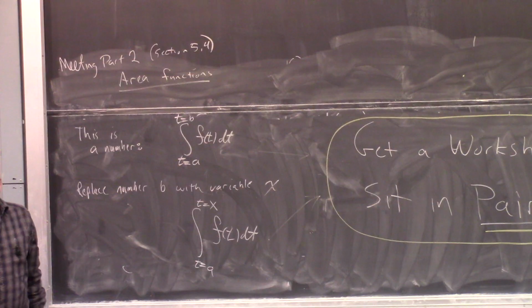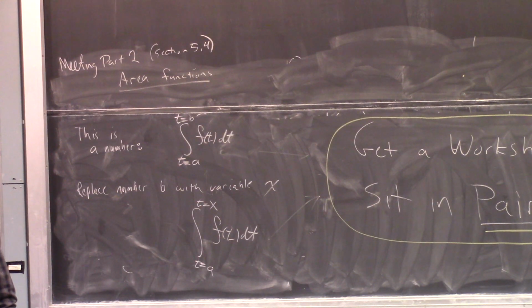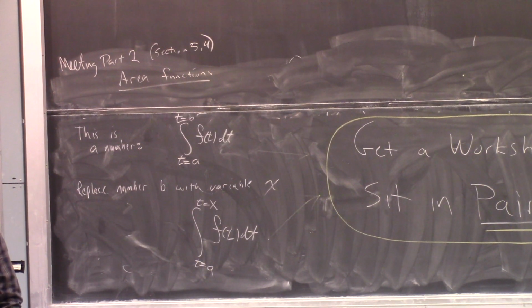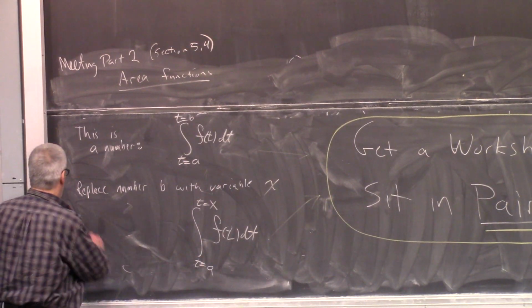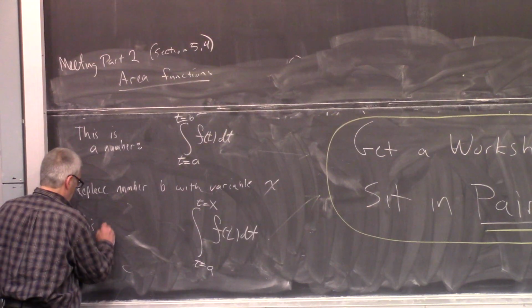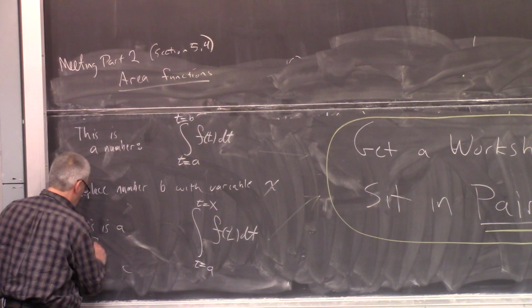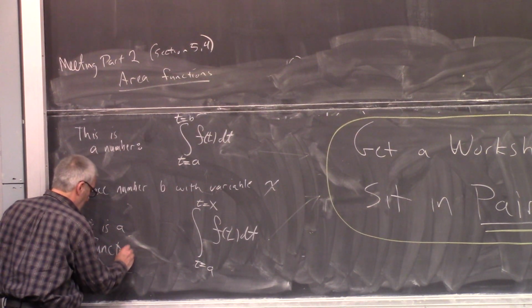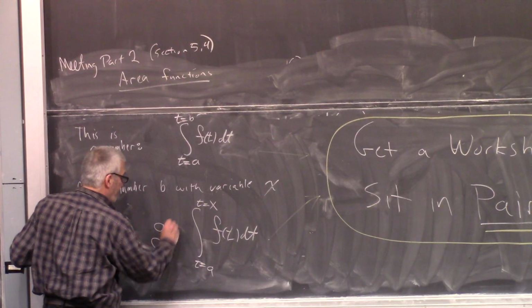This is no longer a number because I don't know the value of x. So this is waiting for us to choose a value of x, to pick an actual number for x, and then we can get a number that's the signed area. So this is a function. And I'm going to call this g of x.